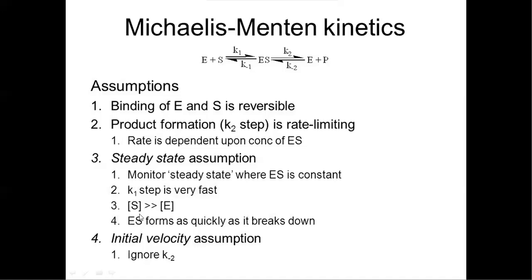And the third one is that the substrate concentration will be more than the enzyme concentration. This is one of the important assumptions. Here the enzyme concentration will be less and the substrate concentration will be more. So the formation of the ES complex depends upon the minimum concentration among the reactants.